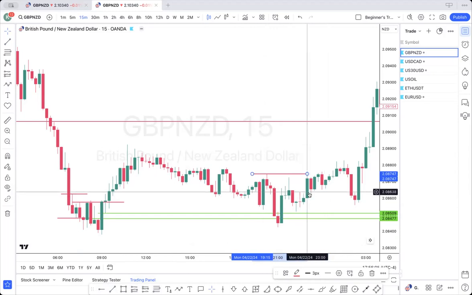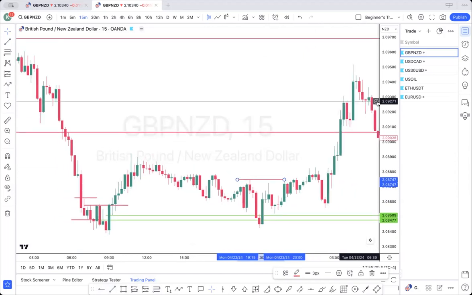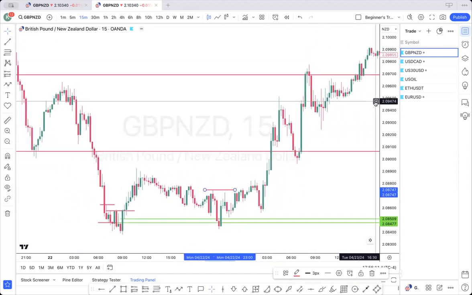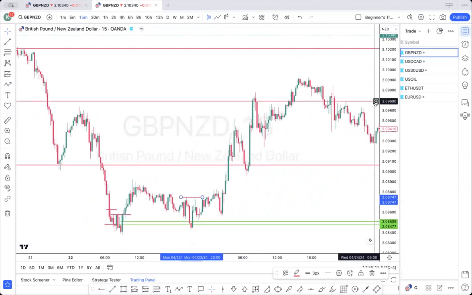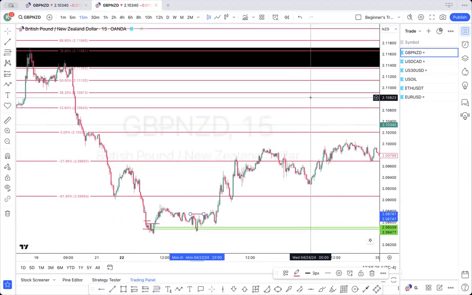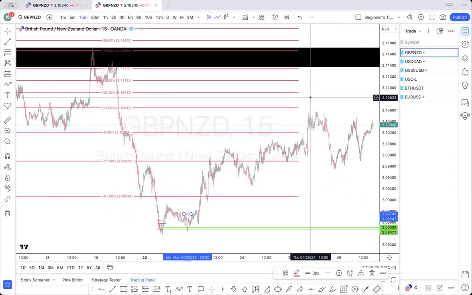There was some imbalance up in here, and price pulled back to that and then left the building. Okay. So if you miss this one, you get a second opportunity once price starts to break this last swing, pulled back into imbalance, and then it went off. Then it left.